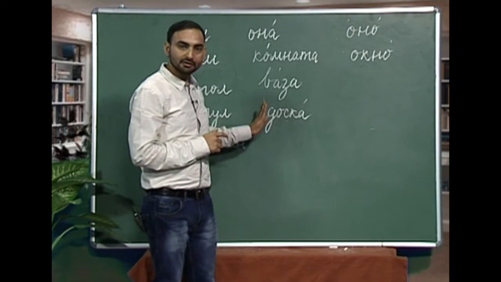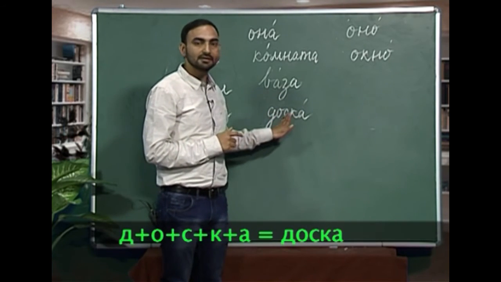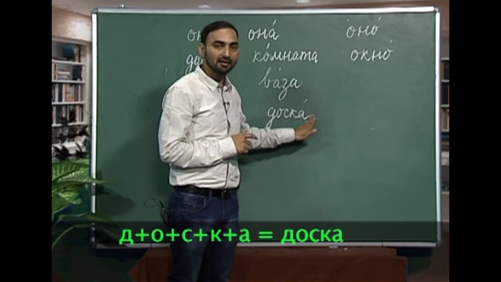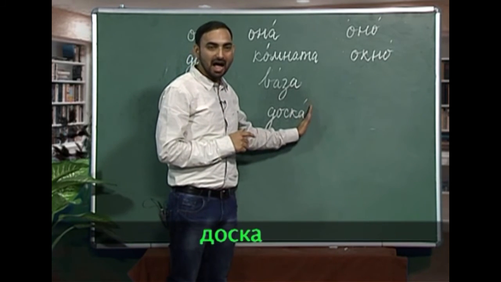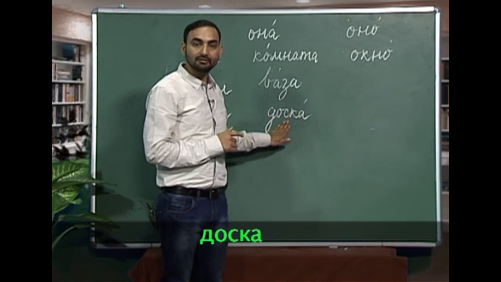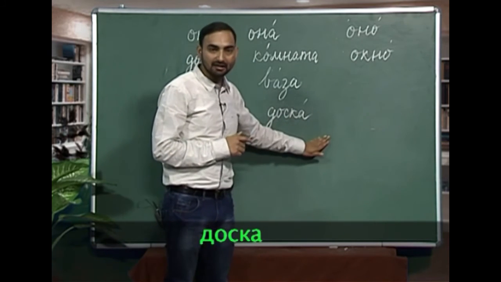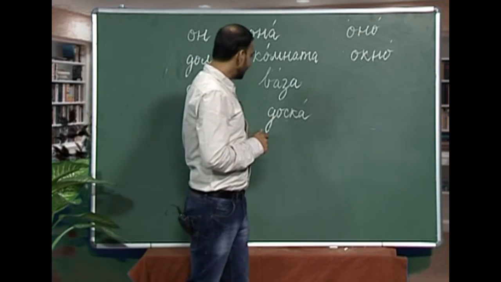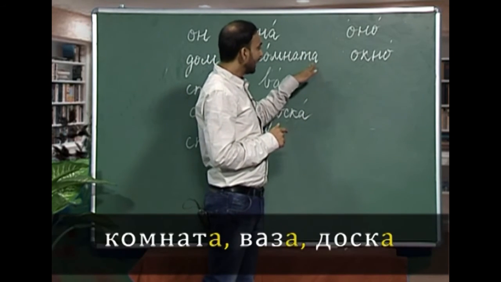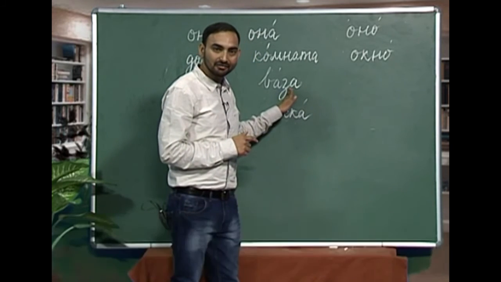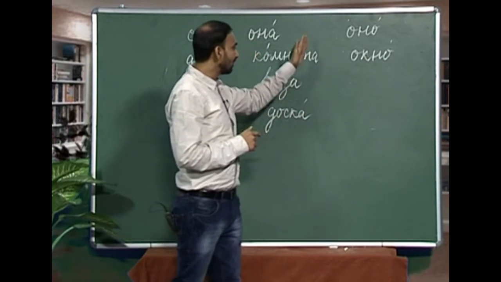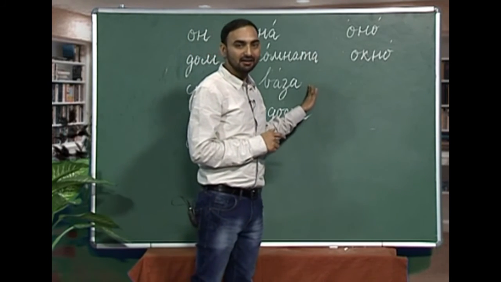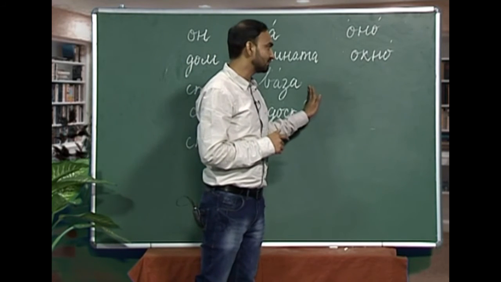Next we have doska, and the stress is on A. Doska. If you notice, all these words end with A. So, here we can conclude that all the words ending in A are feminine gender nouns.